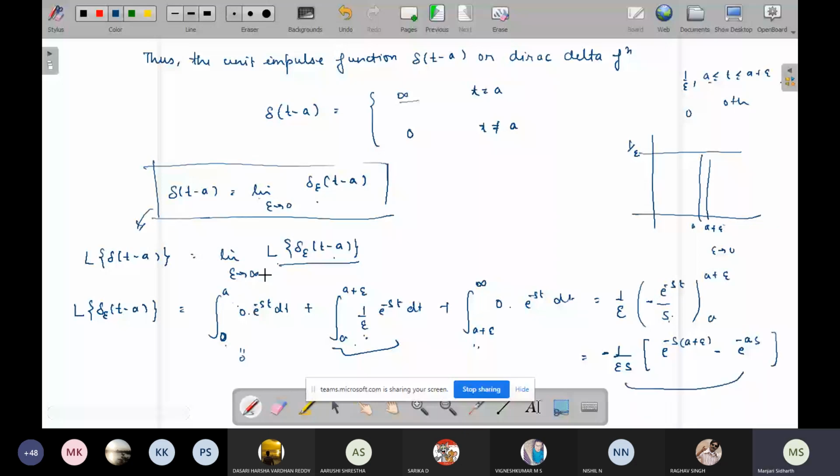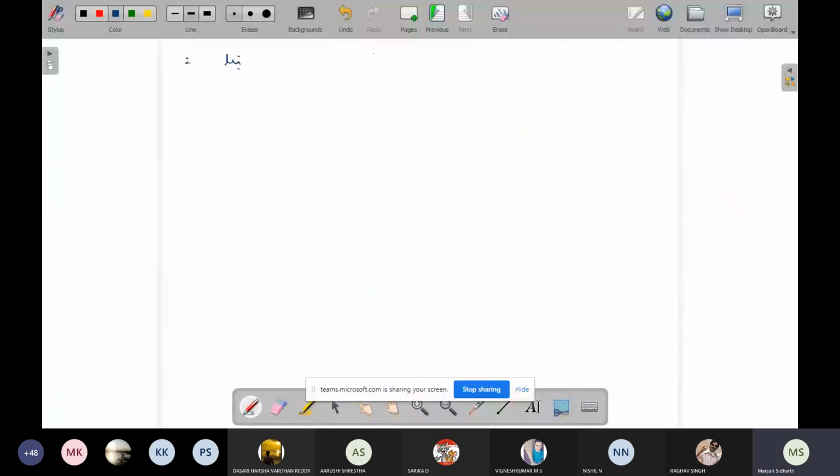So I'll take the next page. It was limit epsilon tends to 0.